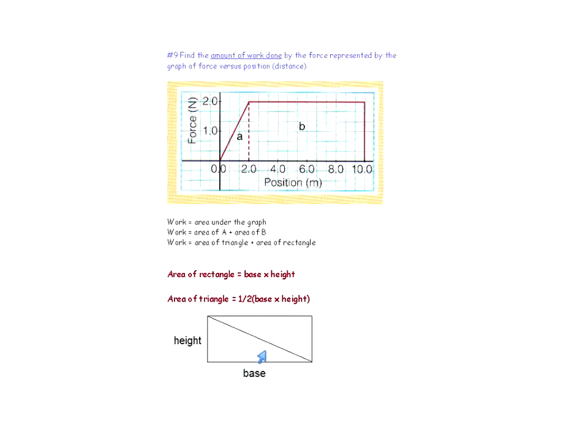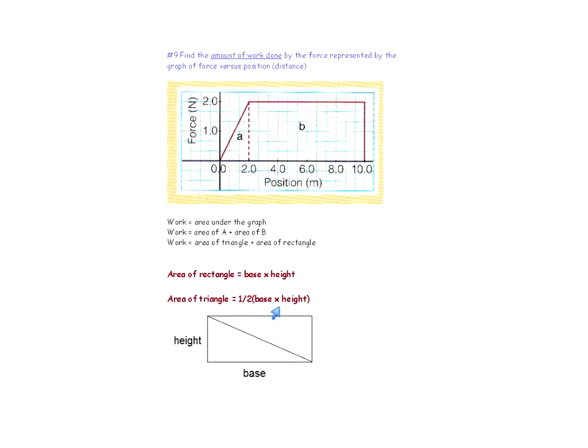Just looking at it, you can tell it's half as much. So if the area of a rectangle is equal to base times height, the area of a triangle must be equal to 1/2 base times height. And we put the base times height in brackets because we multiply them together and then we find out what a half of that is. Okay? So area of a rectangle is base times height, area of a triangle is 1/2 base times height.